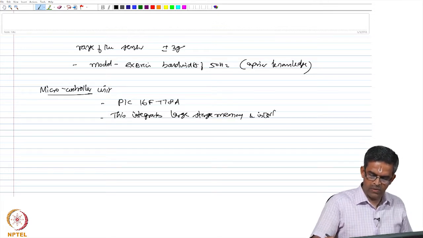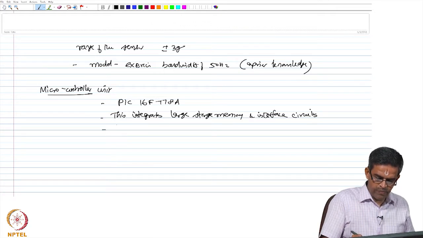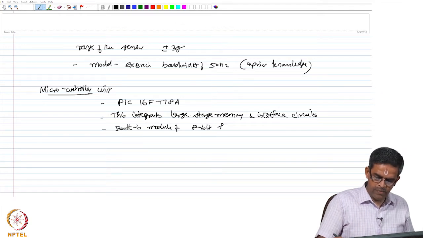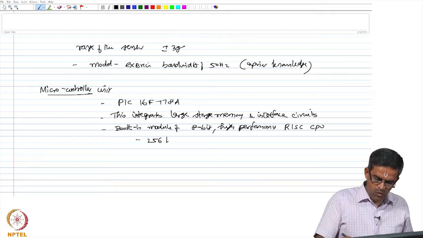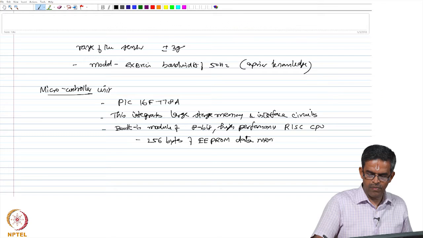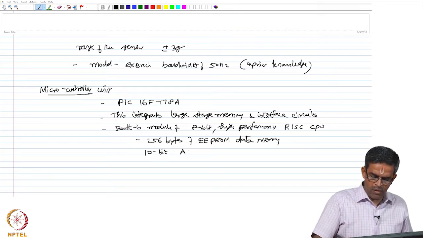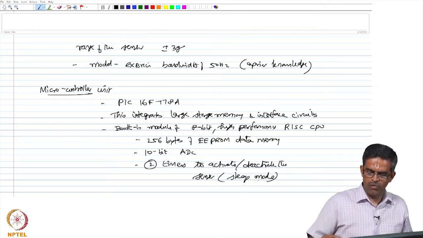and interface circuits. It has got a built-in module of 8-bit high performance RISC CPU, which features 256 bytes of EEPROM data memory, a 10-bit analog digital converter, and of course, 2 timers to activate or deactivate the sensor, that is to put the sensor in sleep mode for power saving.